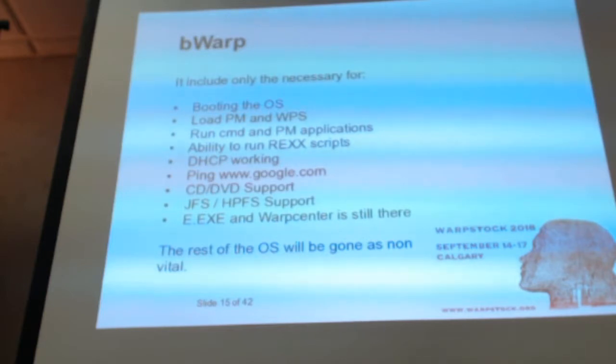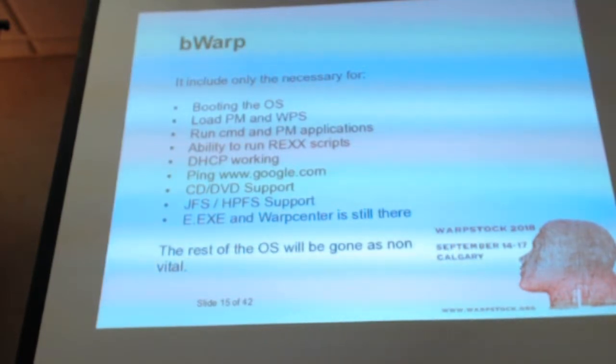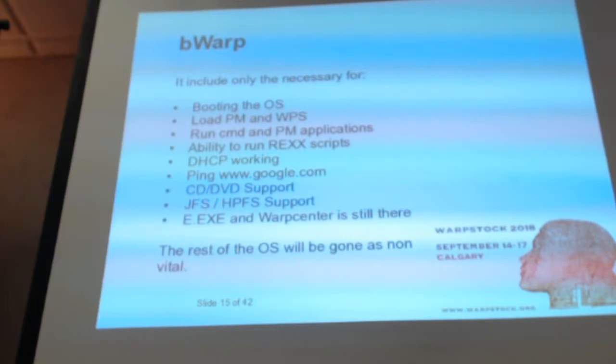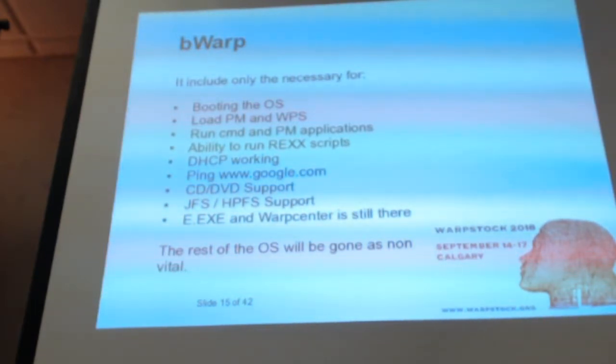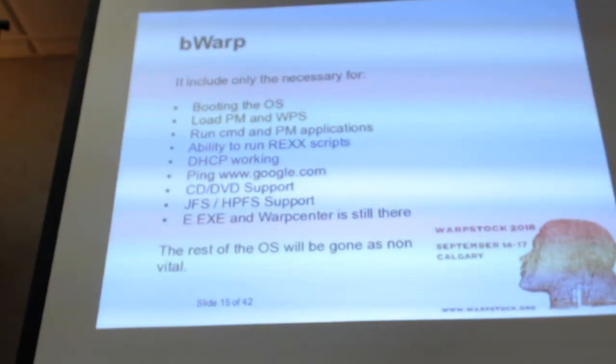So I need to set some goals for this experiment. So what is necessary? The OS needs to boot. It has to load PM and WPS. It has to load the graphical user interface. It has to run command line applications and Presentation Manager applications.